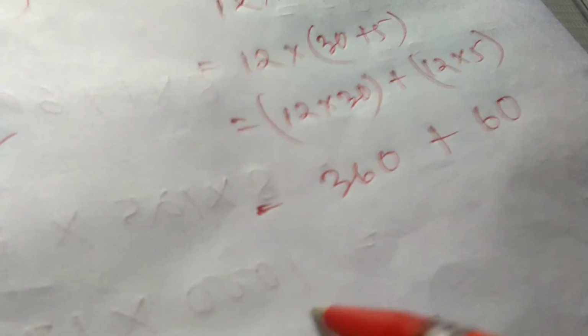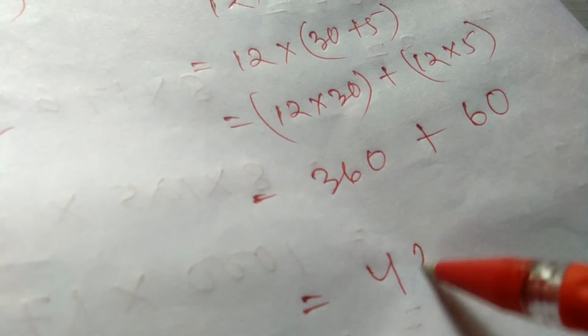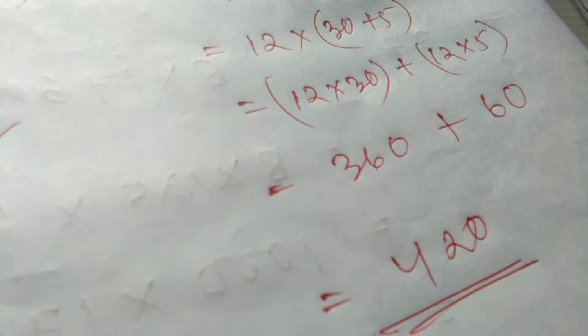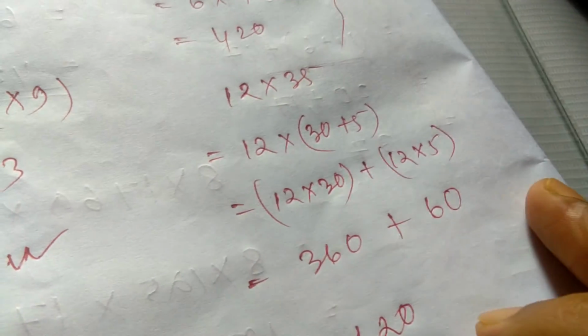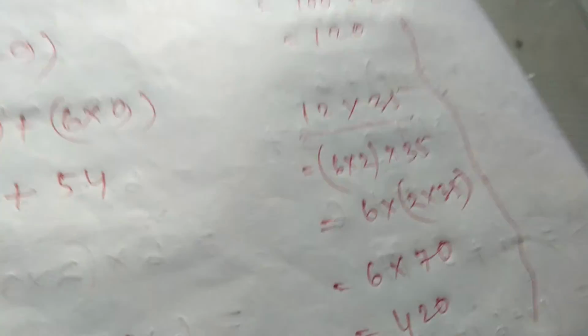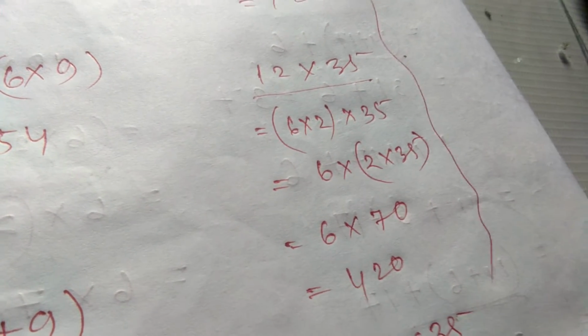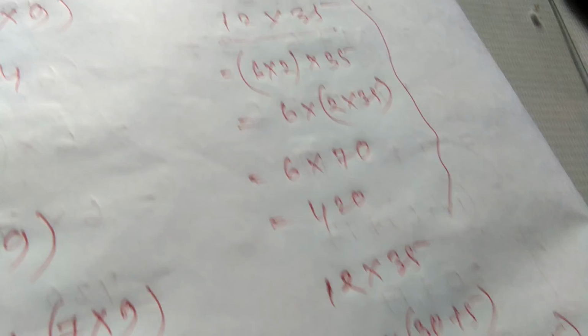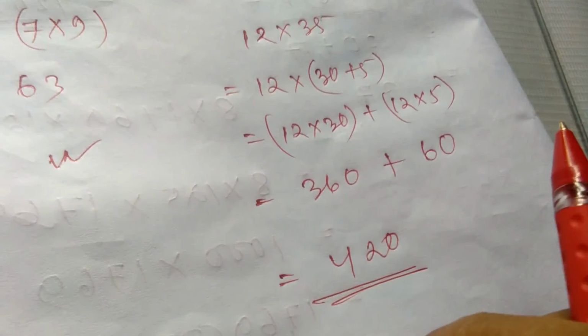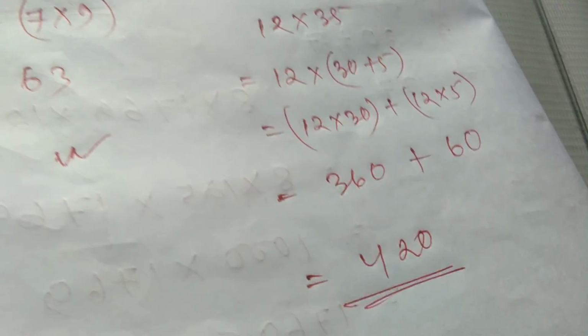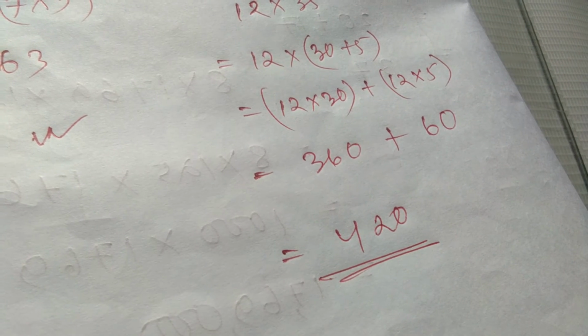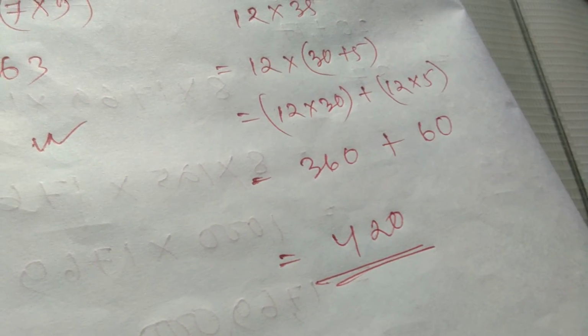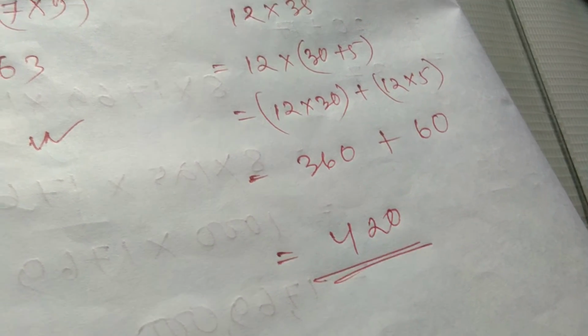So 360 plus 60 we can easily write 420. So the same question I did under associativity of multiplication, and the same question I did under distributivity of multiplication over addition. Clear? These are the differences.